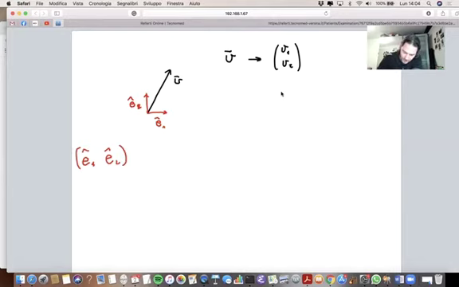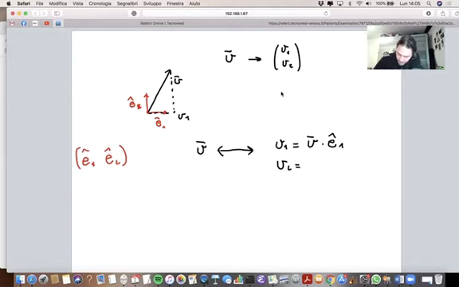Then if I specify the basis, given e1 and e2, the vector v is uniquely determined by two numbers: v1, defined as the inner product of v with the first vector, in this case this number, and v2, the inner product of v with the second basis vector. This is a way I have to mathematically represent my vectors in vector space, but I can always choose a different representation.